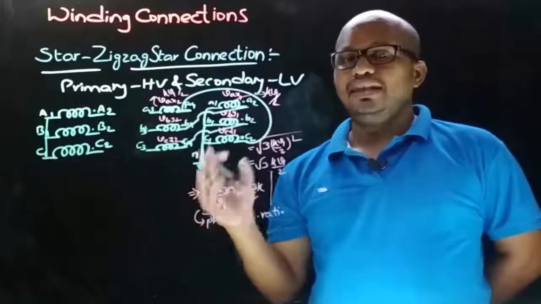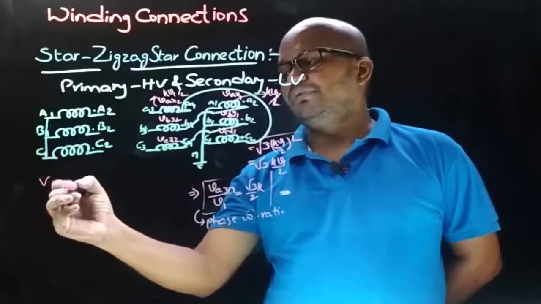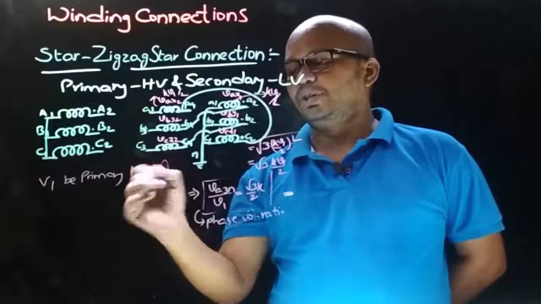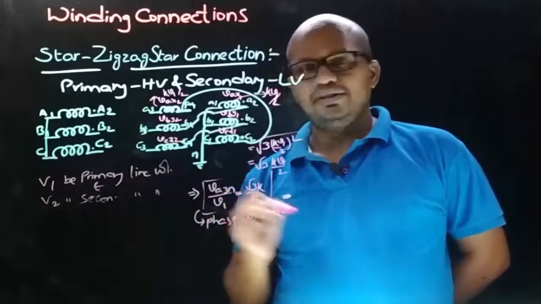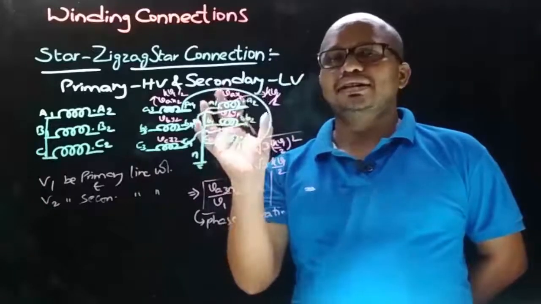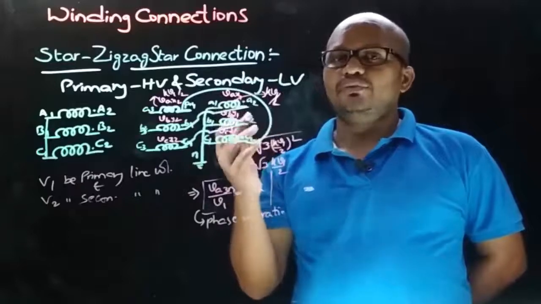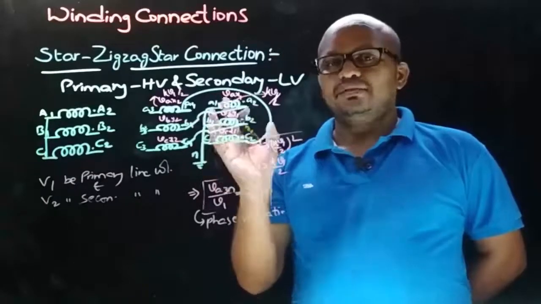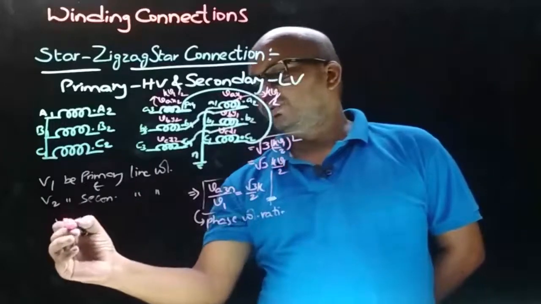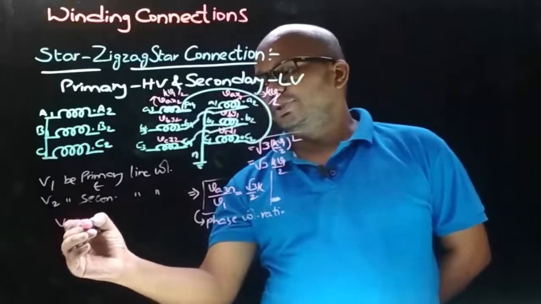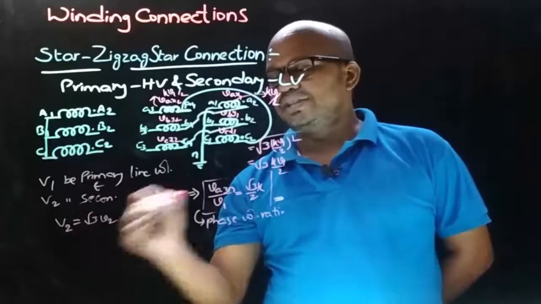Now let's find out the line voltage ratio of star zigzag star connection. For that, let capital V1 be primary side line voltage and capital V2 be secondary side line voltage. Now observe that in LV side the connection represents star, means the relation between phase voltage and line voltage on LV side is line voltage is equal to root 3 times phase voltage, means line voltage on secondary side V2 is equal to root 3 times the phase voltage on secondary side.